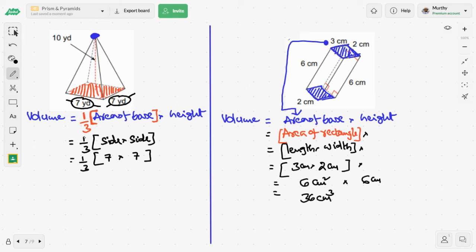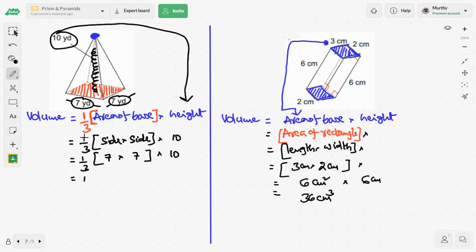So one third of this one. And the height of this pyramid is given as 10 units, that goes here. You can compute all together at once if you want. So it is one third, 7 times 7, 49, times 10. While computing, don't make this mistake: the denominator, you can assume 1.